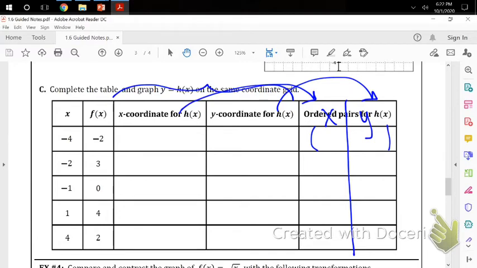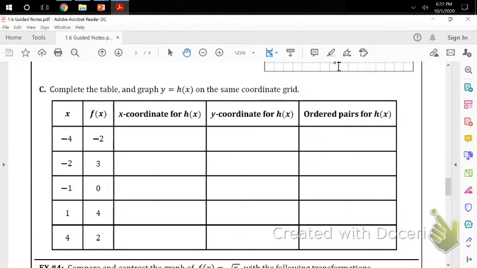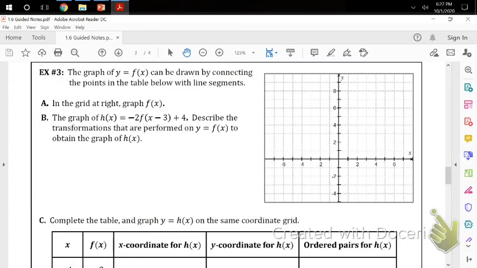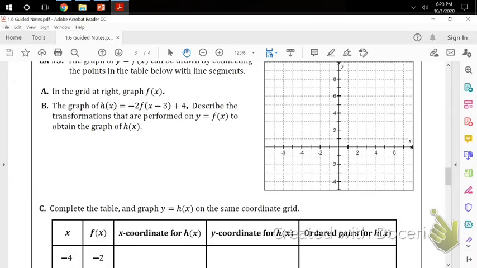All right, so I'm going to go back up here to the top so that I can see my graph. All right, so we're going to graph those ordered pairs, so you're going to have to look at your paper while I do this here. All right, so my first ordered pair is -4, -2. Then we have -2, 3.